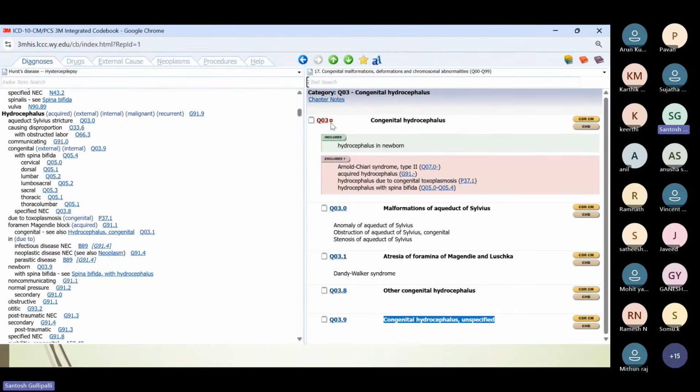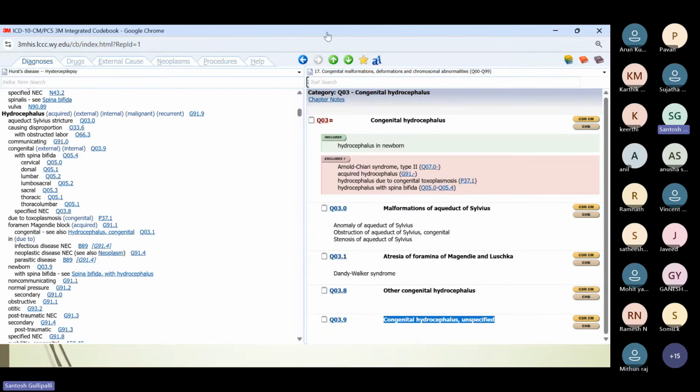In Q03, see the Excludes1 note: Arnold-Chiari syndrome type 2, acquired hydrocephalus, hydrocephalus due to congenital toxoplasmosis, hydrocephalus with spina bifida.